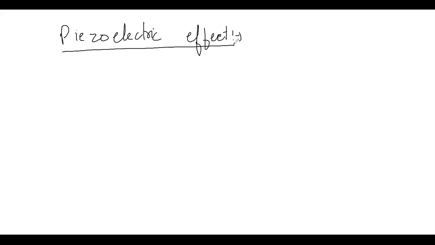We discussed this in the very first lecture also: if you have looked at the shoes of small kids, usually whenever they walk, there is a light produced continuously, a blinking light. It is based on the piezoelectric effect. So usually there are certain crystals, and this effect is not observable on all crystals. There are specific crystals only.